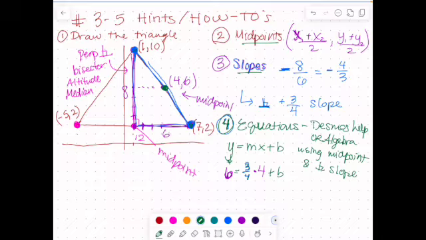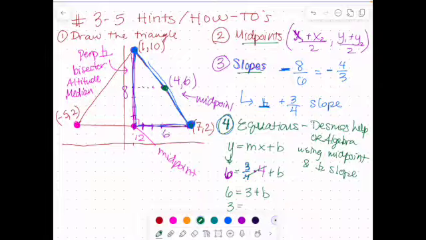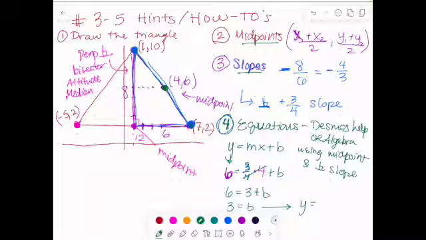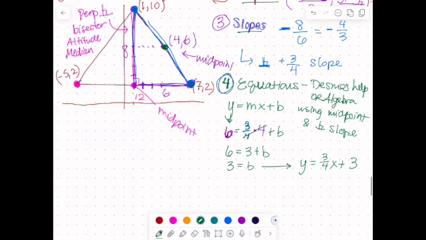So 3/4 of 4, those 4's cancel out, so it's going to be 6 is equal to 3 plus b. So 3 is equal to b, which means our equation is y is equal to 3/4 x plus 3. And we can graph it.